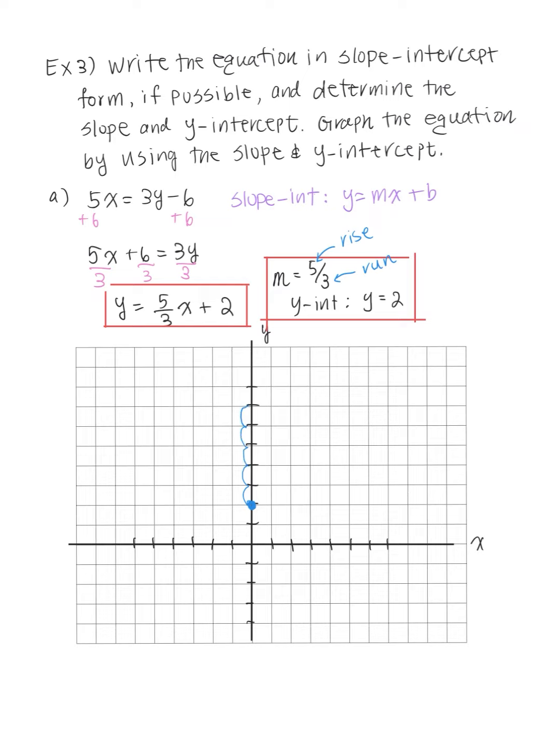And then from this point, you're going to run positive 3: 1, 2, 3. Now, after you use your rise over run, make yourself a dot and connect those dots, and that's your answer. So here's the graph of y equals 5 over 3x plus 2.